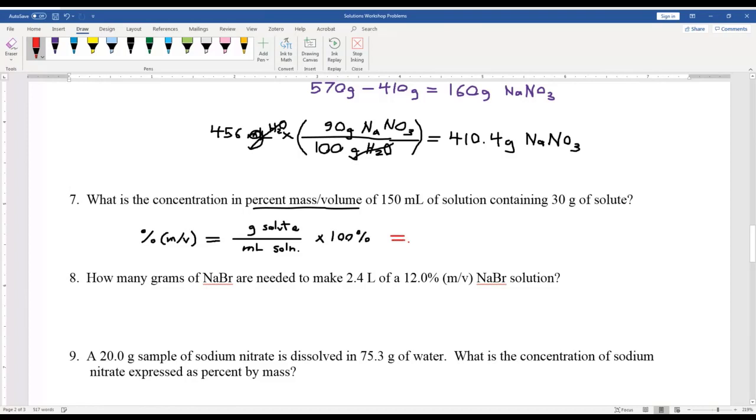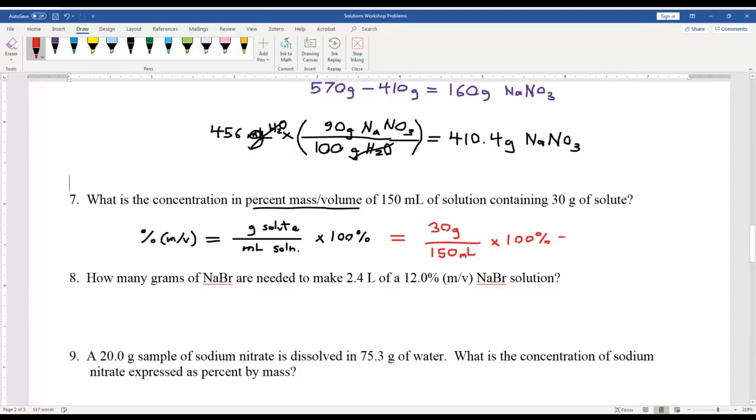So I have grams of solute, 30 grams goes on top, right? And then I have milliliters of solution, which is 150. Then I just multiply that times 100%.